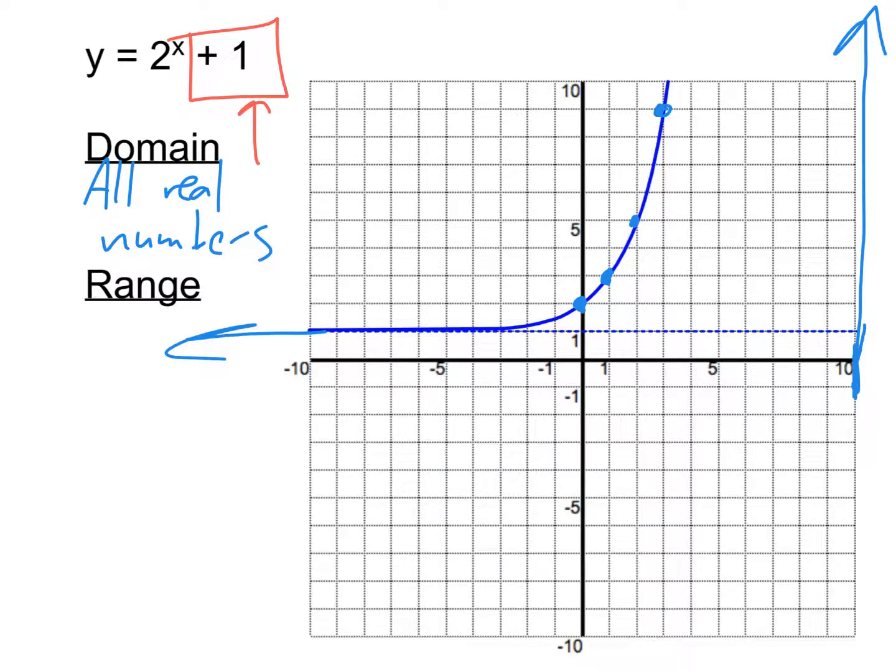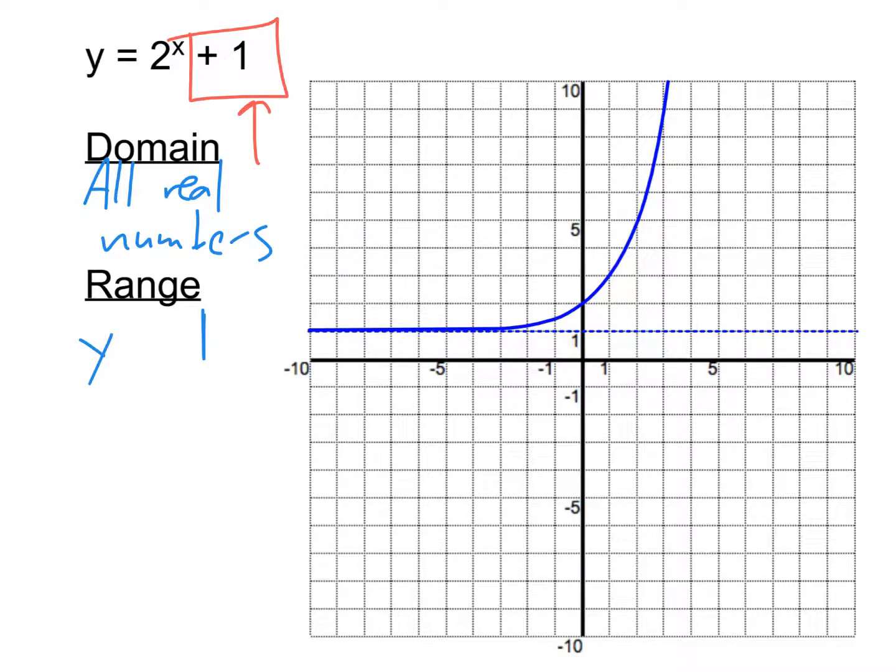All right, next up for the range though is not going to be all real numbers, because for the range here, it starts at kind of where that dotted line is. It starts here at the 1, and so I want to make note of that first. My range is dealing with y values, and it's starting at 1, and it's going up from there. But notice there's one little difference.